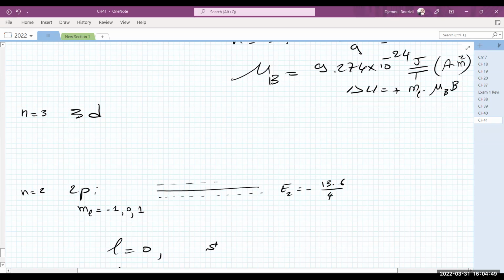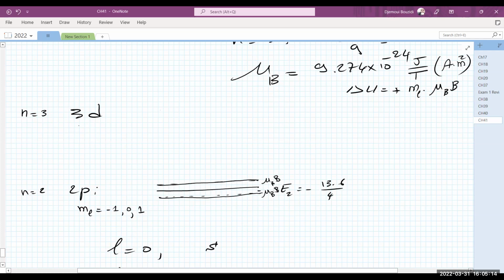And for ML equals +1, I'm going to shift it upward. So in other words, in the presence of the magnetic field, this same energy level is now 3 different energy levels, separated by this amount, mu B B, because ML is 1 now. So there is a mu B B here, and a negative mu B B here. Now this one is a different story.